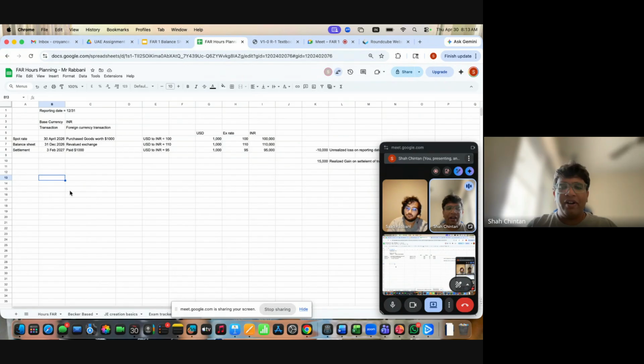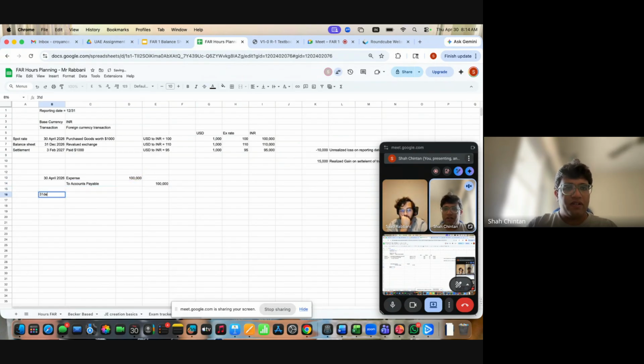So let's try to put entries. What entries will happen? On 30th of April 2026, when I purchased the goods, my entry was expense account debited with 1 lakh rupees to my accounts payable for 1 lakh rupees.